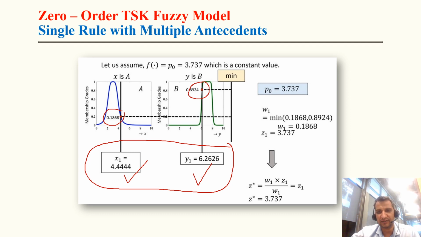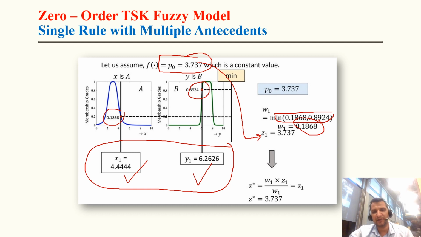Now what we have to consider, out of this 0.1868 and 0.8924, we have to take the minimum value, and the minimum value is equal to 0.1868, right? So this is the w1, because we already know this is the constant value, which is known to us. This will be treated as our z1, because it is having multiple antecedent, that's why a new term came into existence, z1.